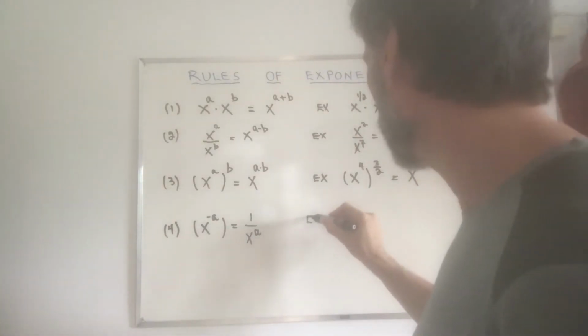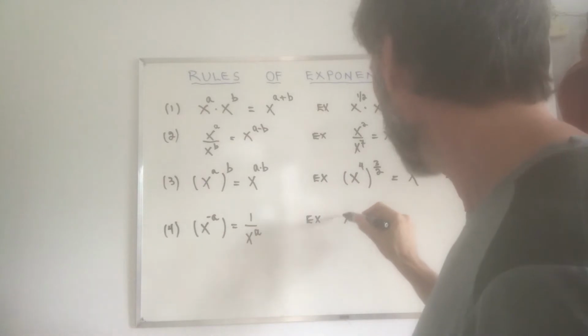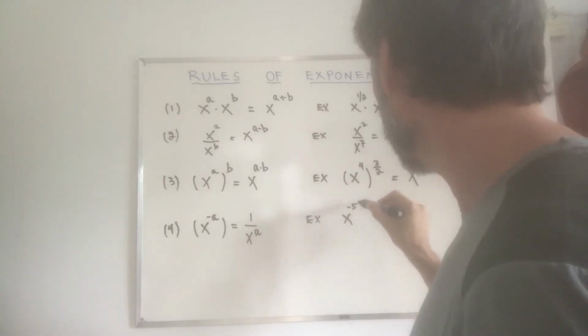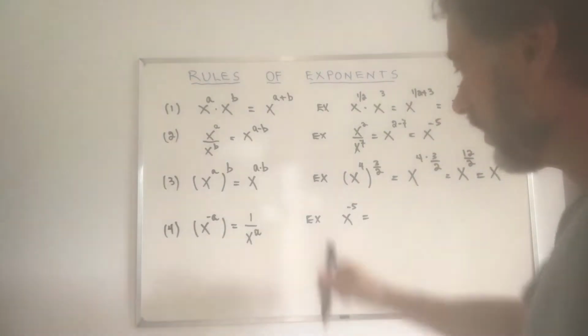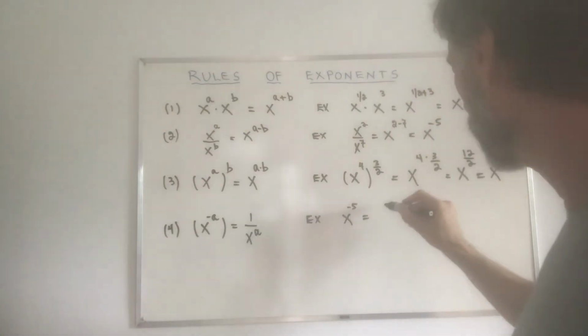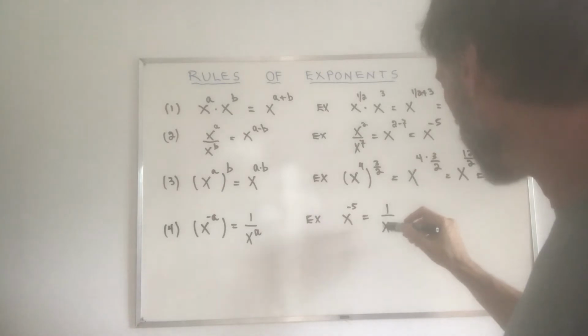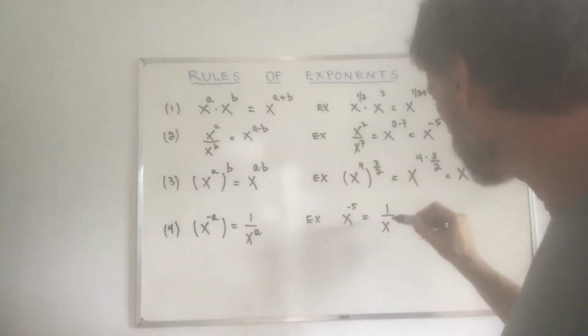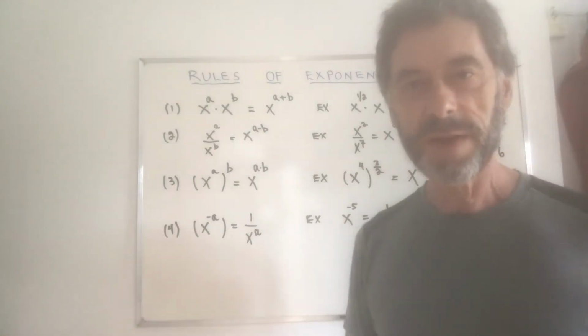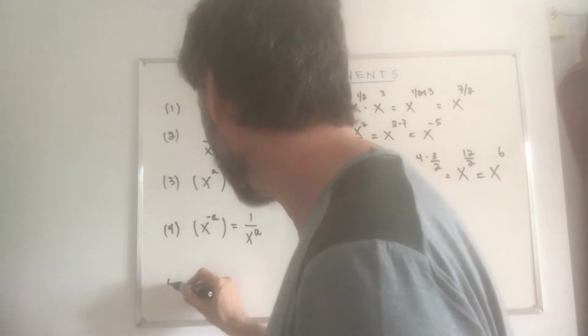So here's an example. How would I write x to the minus 5? What's another way of writing it? Well, x goes down, and it's 1 over the same x. But notice how minus a became plus a, so minus 5 is going to become plus 5. Yes, ma'am. Yes, sir. C'est comme ça, la vie.